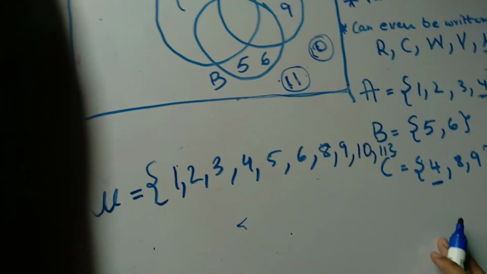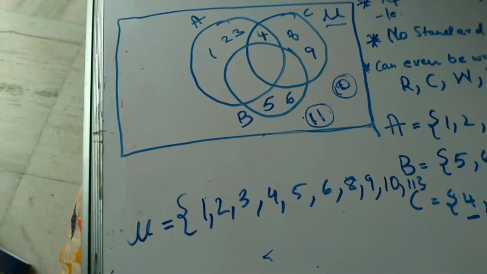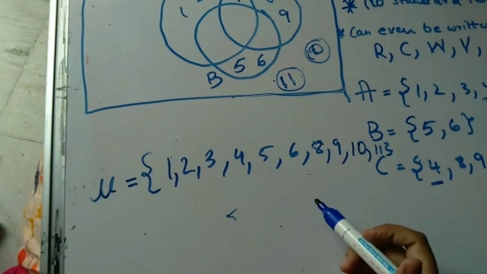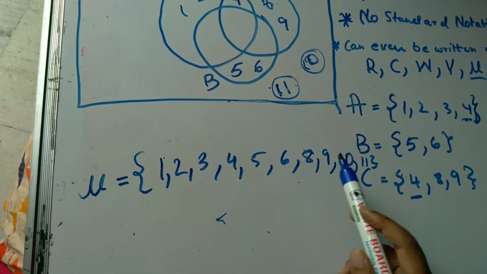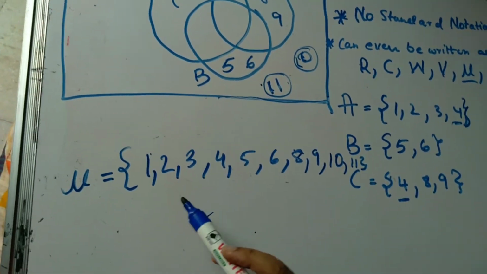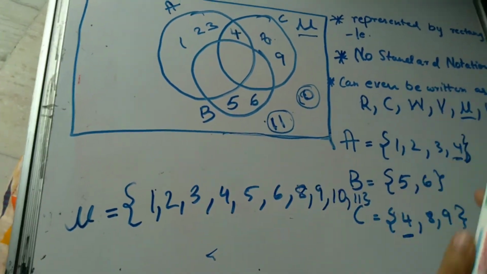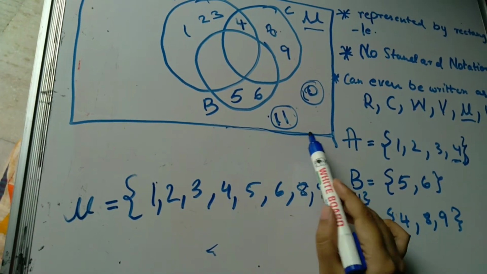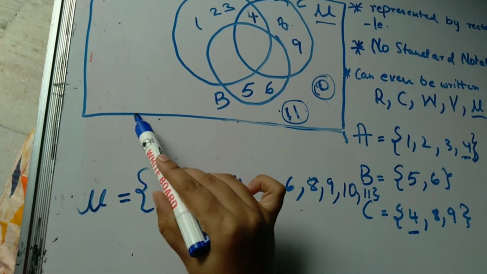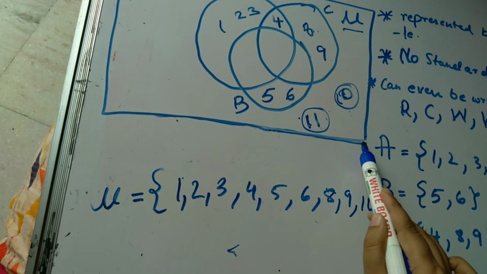So what is the universal set then? The universal set is 1, 2, 3, 4, 5, 6, 8, 9, 10, 11. So all the elements of other sets and its own elements also, which are outside the other sets, are in the rectangular box. The universal set is represented in a rectangular box.